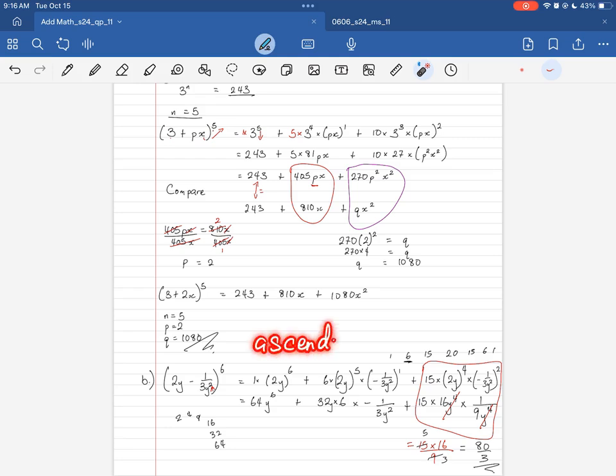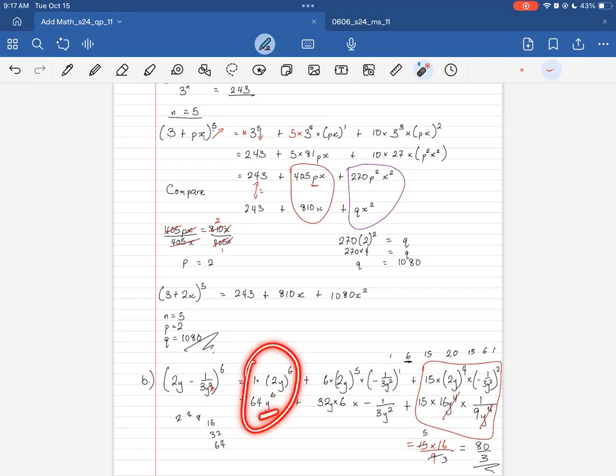Why I say ascending order is because I started the power of the first term from 6, going 6, 5, 4, and for the second term I started from 0, 1, 2. So basically I tried the first term and I had y to the power 6.